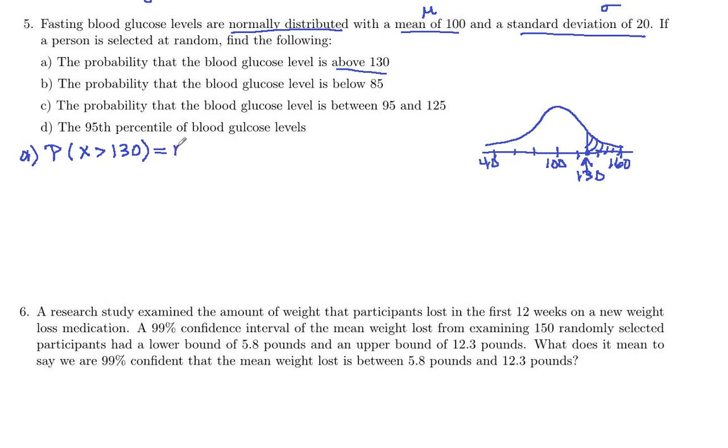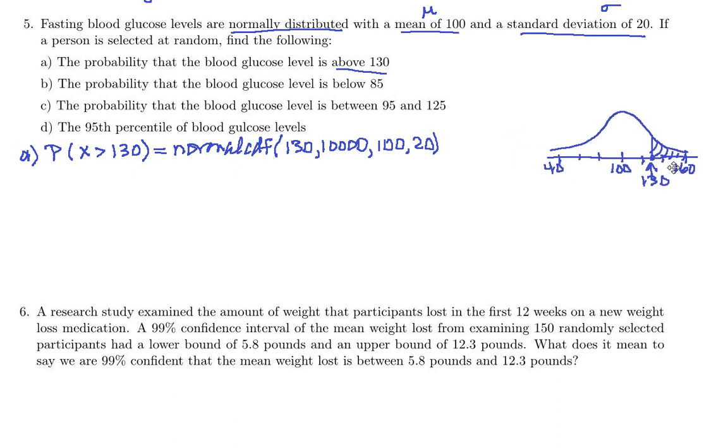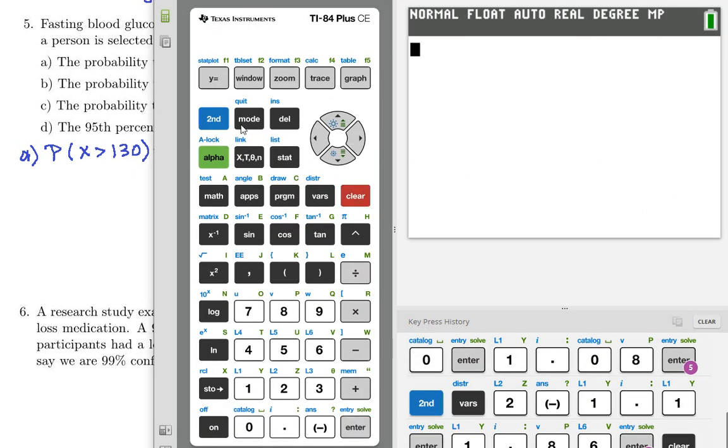So this will be normal CDF. Our lower cutoff is going to be the 130. Our upper cutoff, this goes out to infinity, we'll use 10,000. Mean is 100, and standard deviation 20. So let's go ahead and compute that in the calculator. So clear these out.